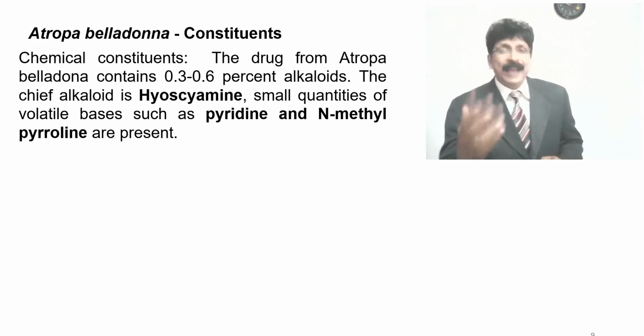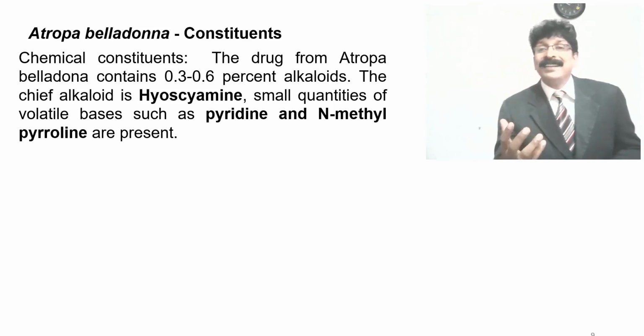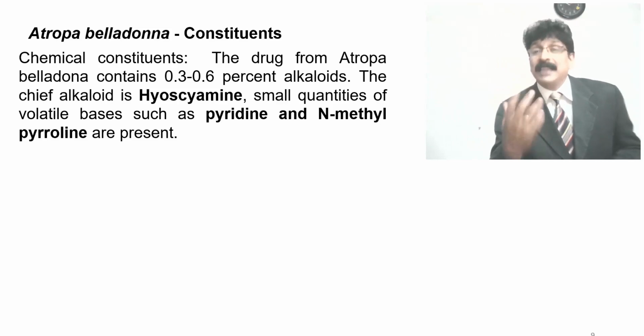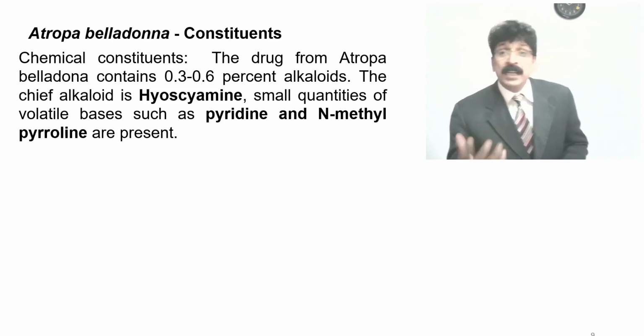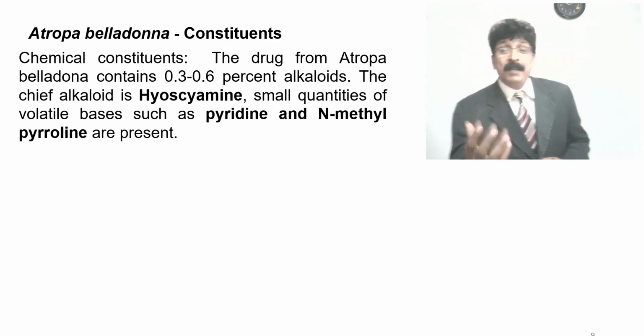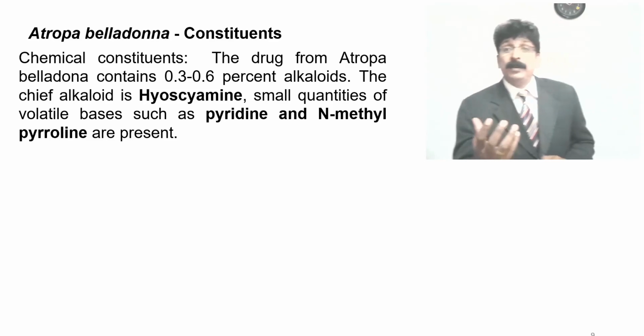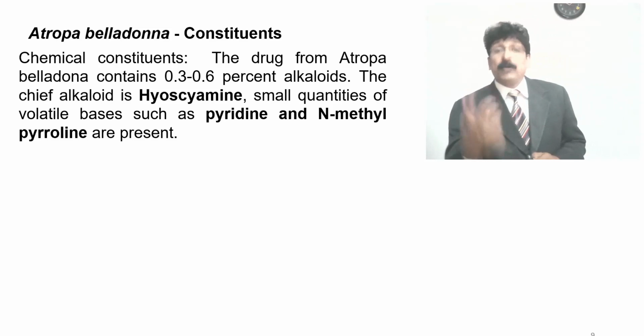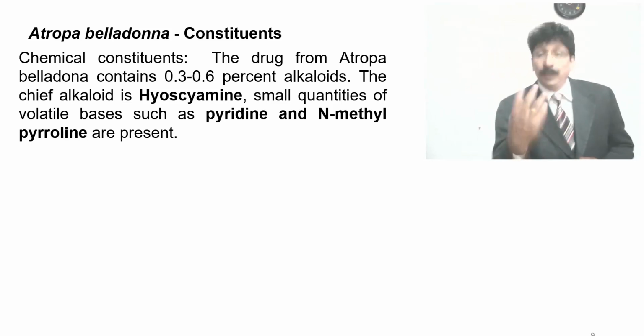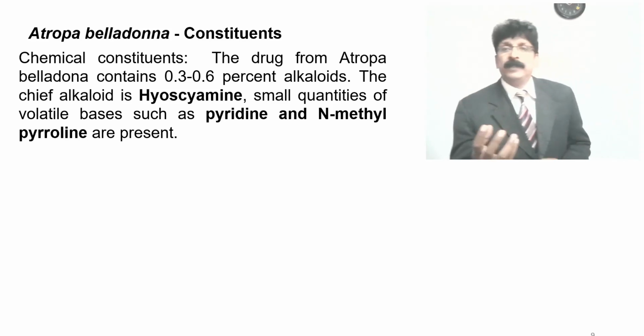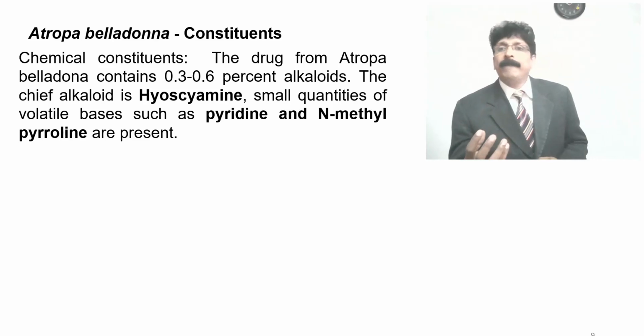The student should remember that hyoscyamine and atropine have similar structures. They are isomers, and hyoscyamine is levorotatory, negative, left-rotating, which is highly powerful. But usually they are present as a racemic mixture in nature.